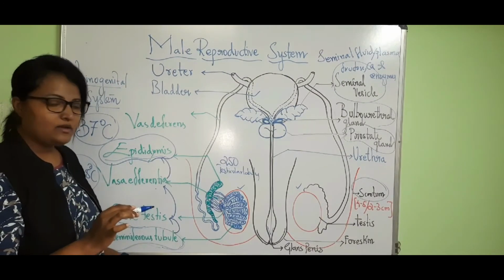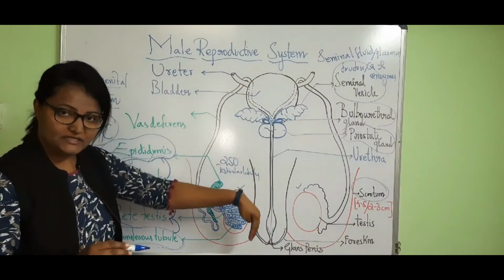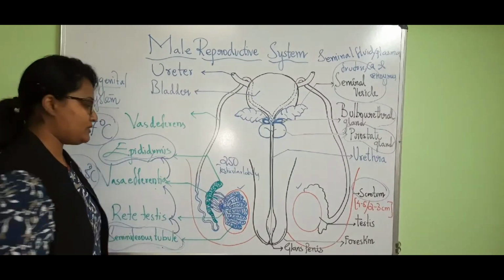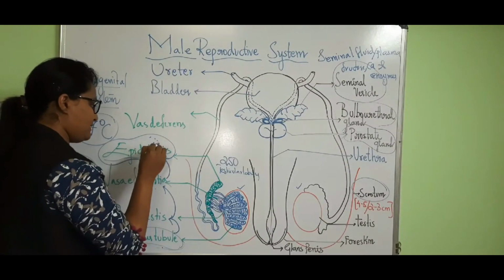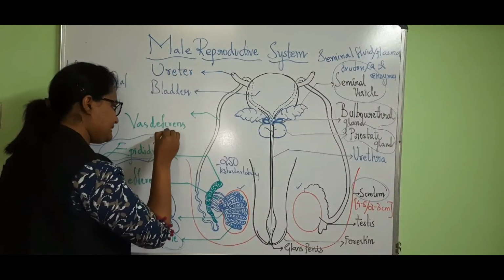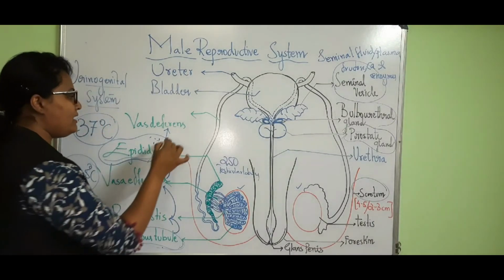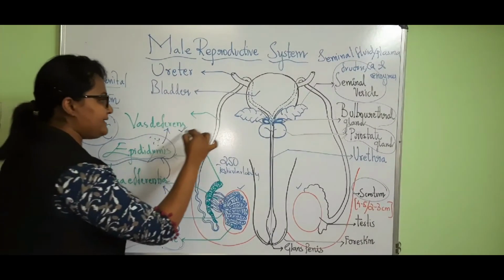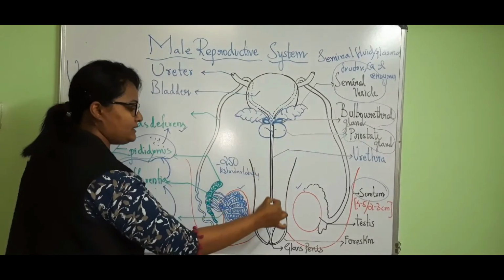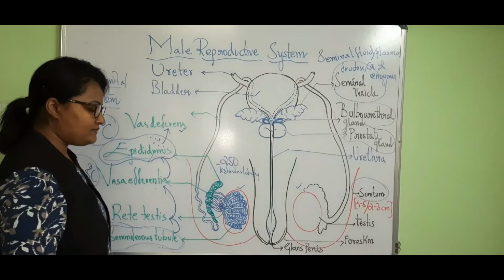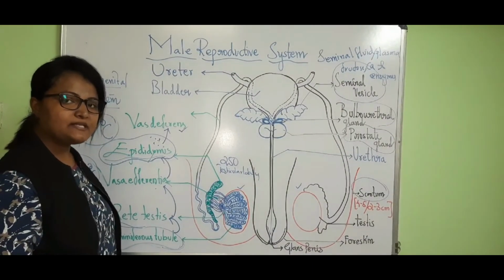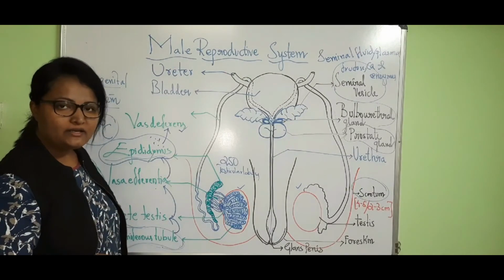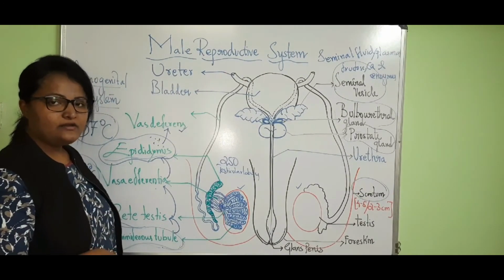At the time of ejaculation or insemination, the sperm stored in the epididymis are transferred with the help of the vas deferens, then to the urethra and to the glans penis, and they will be ejaculated, inseminated into the female body.